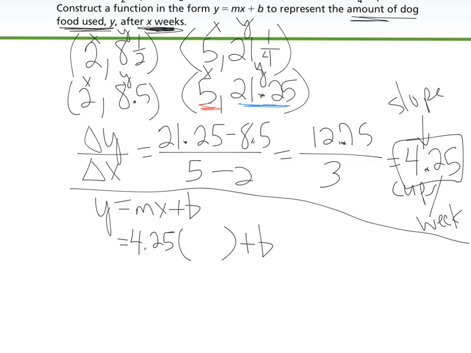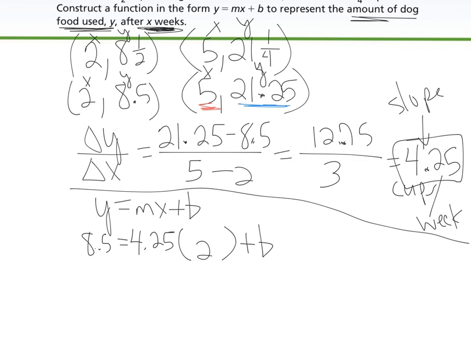Well, neither one the greatest. Maybe if we had a pick, we'd probably pick something that didn't have decimals or fractions in it, but that's what we got, so we got to work with it here. So which point do you want to use? 8.5 and 2, okay. Alright, so 8.5 is our y, and 2 is our x.